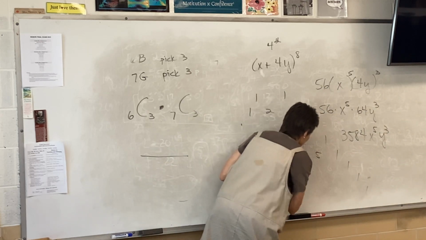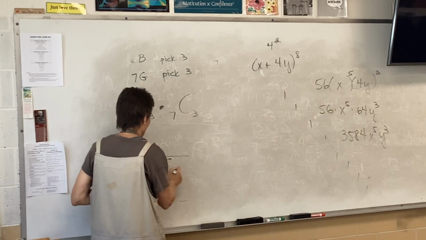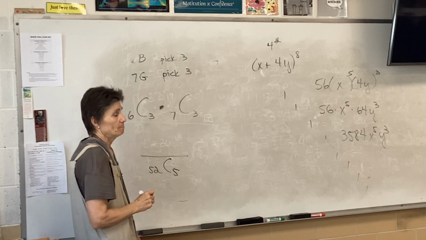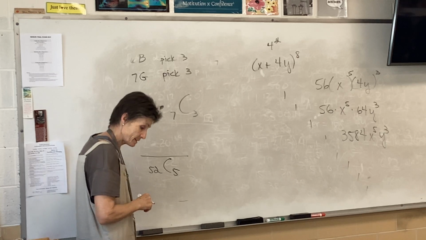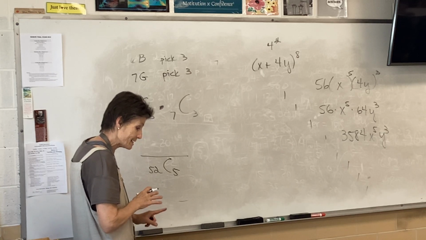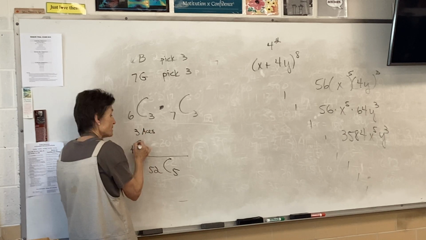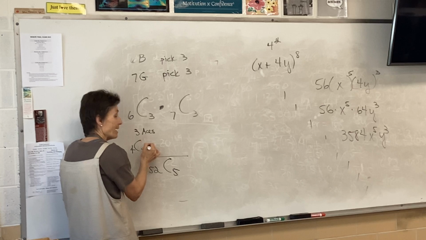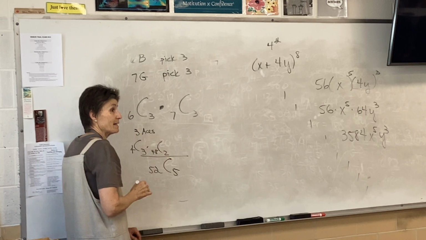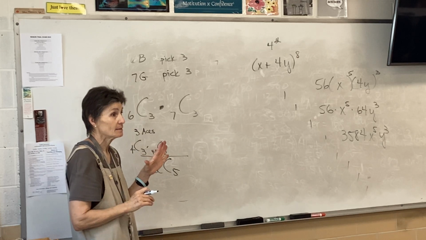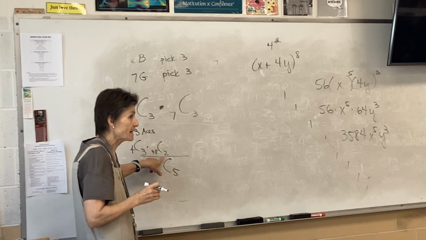So, 5-card hand. Denominator is going to be 52C5. Period. 5-card hand. Now, if I want exactly 3 aces, 4C3 times 48C2. Because if it's a 5-card hand and 3 of them are aces, what are the other 2? Not aces.